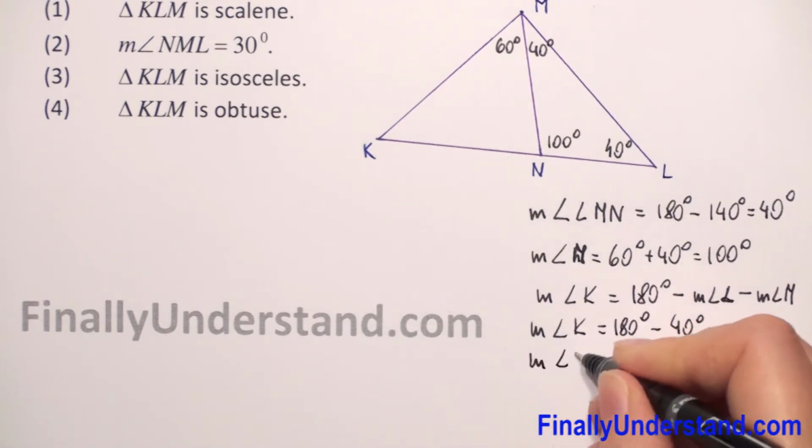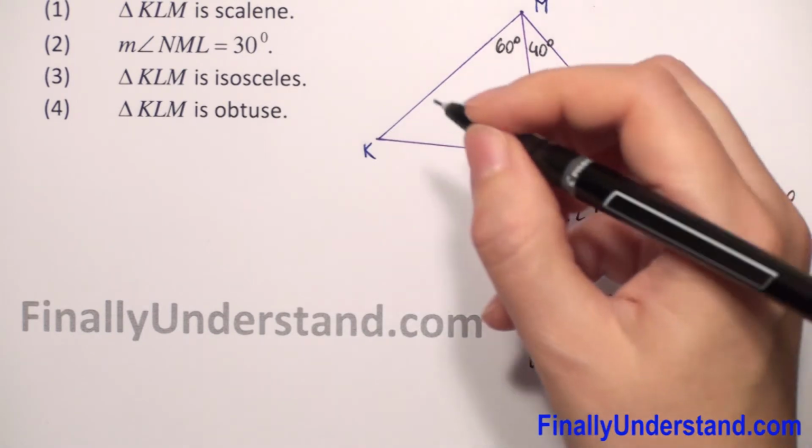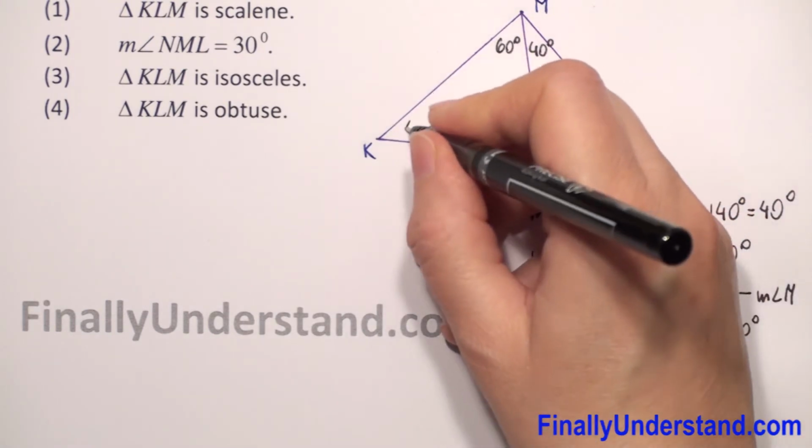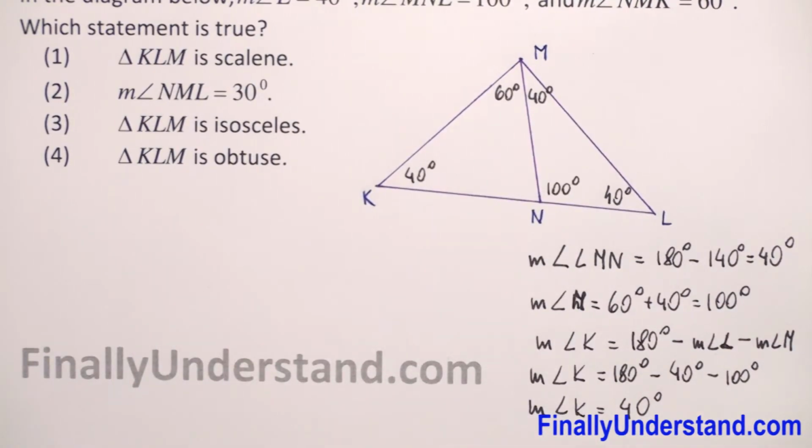So measure of angle K is 40 degrees. Now we have to check which statement is true.